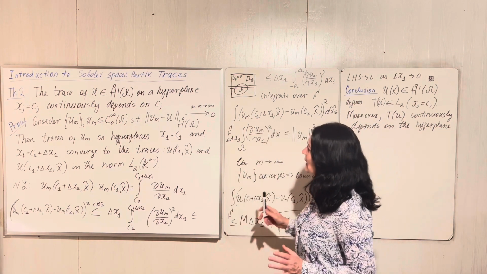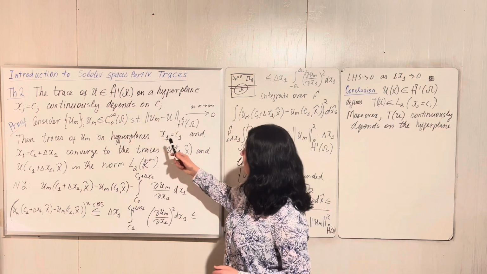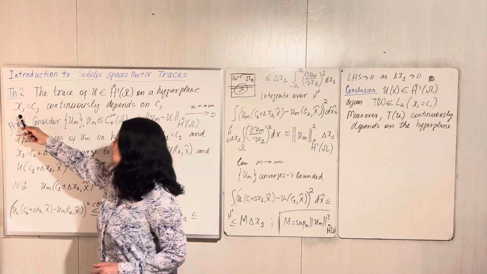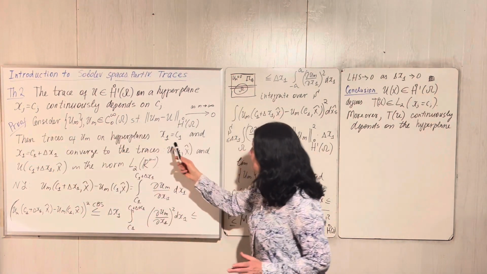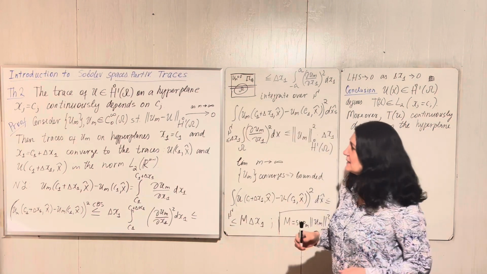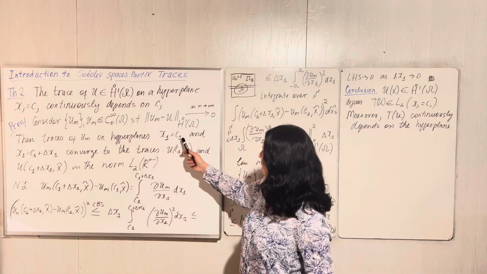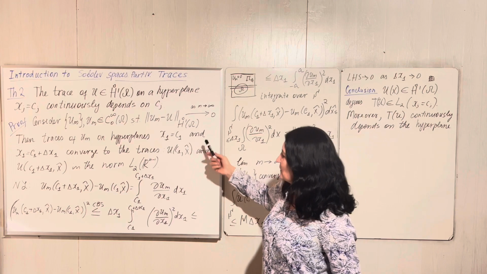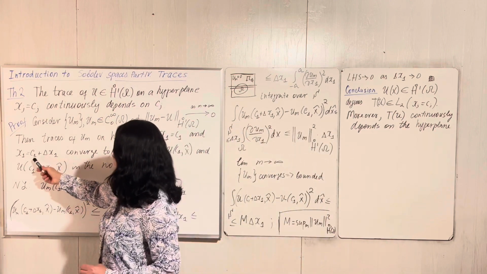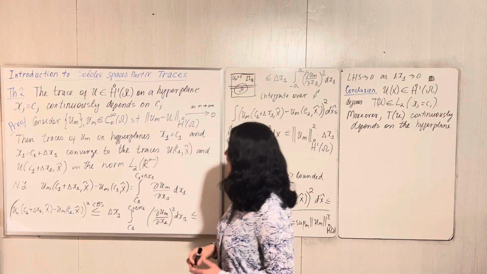Then let's again take x_1 and consider two planes: the plane x_1 = c_1 and the plane x_1 = c_1 + Δx_1.